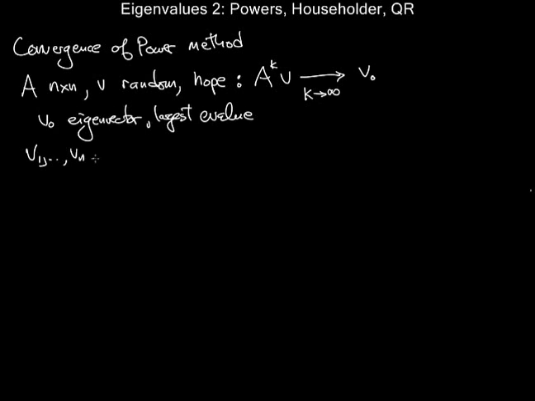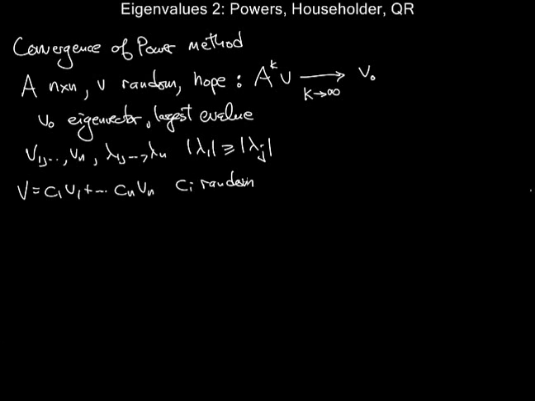and its corresponding eigenvector. And the idea was, in the special case, if we had n linearly independent eigenvectors, then we could write our arbitrary vector as a linear combination of them. And then if we compute A to the k v, what we get is lambda 1 to the k v1 up to lambda n to the k vn.